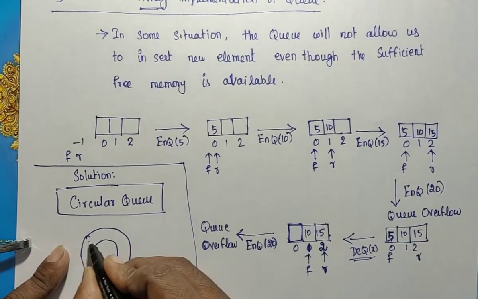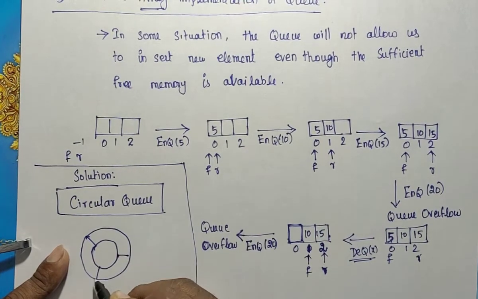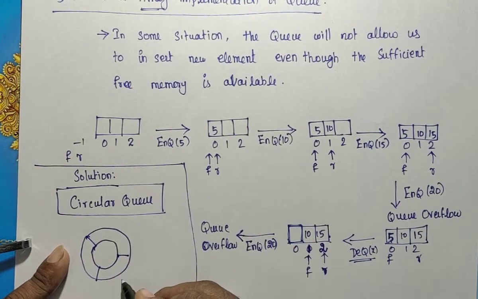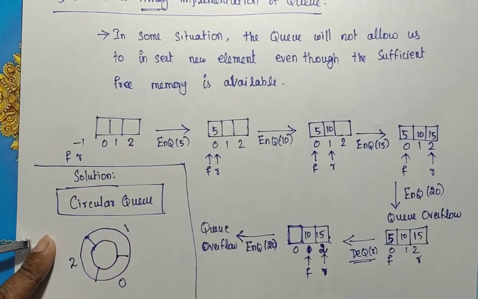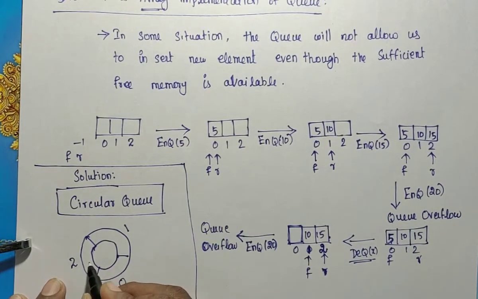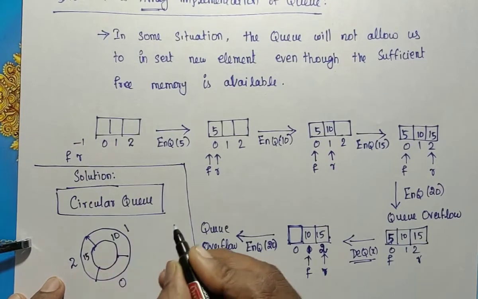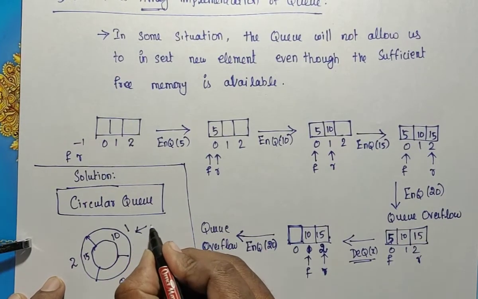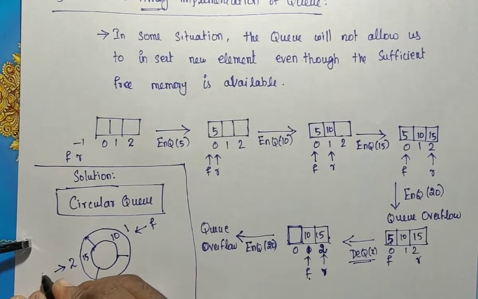For example, an array with 3 elements will be viewed like this: this is index 0, this is index 1 and this is index 2. The rear reached here, this is 10 and this is 15. F is pointing to 1 and the rear is pointing to 2.